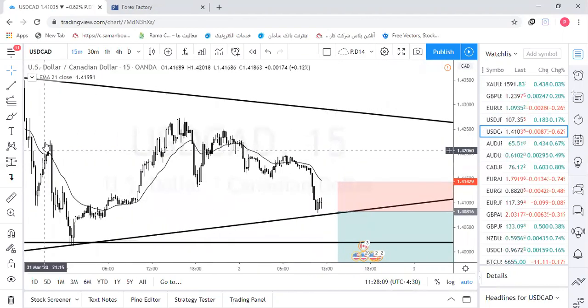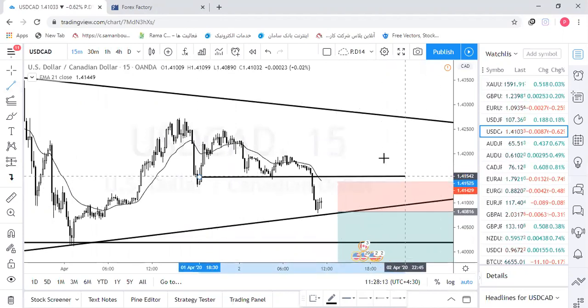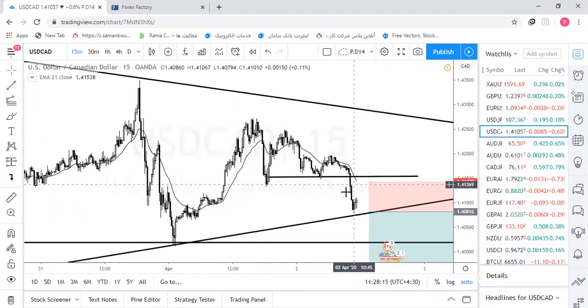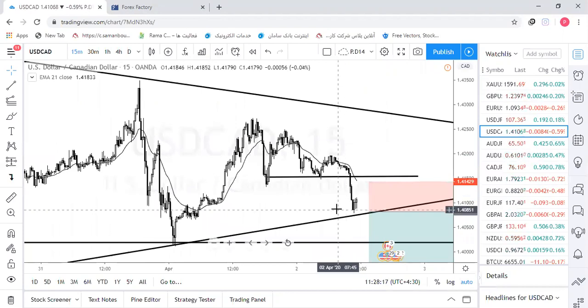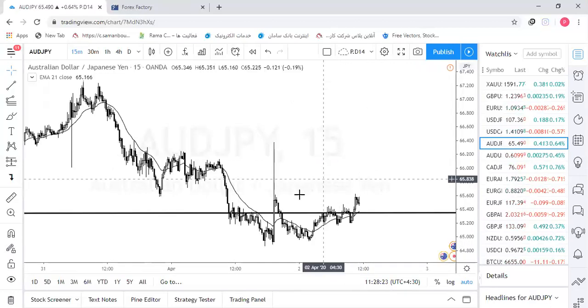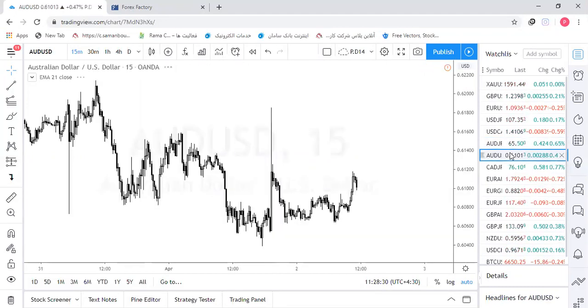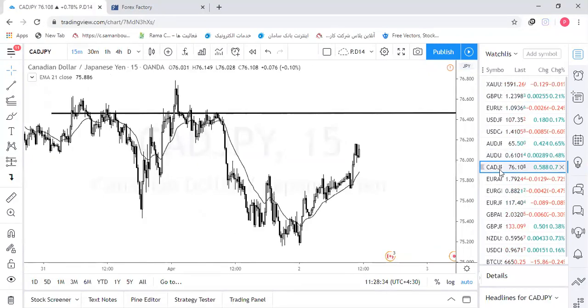And for USDCAD, actually, I think price will retest this area before dropping again. Any other pairs, any other questions, I'm going to answer. If there are no questions, I'm going to end this webinar, so please let me know.